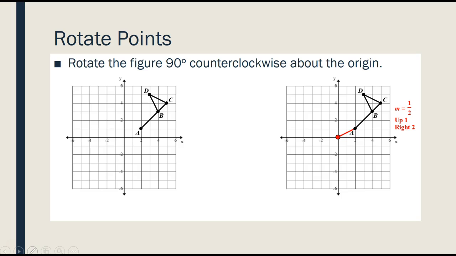As I consider my slope, I went up 1, right 2 from the origin to get to point A. That gives us a slope of 1/2. A perpendicular slope would be the opposite reciprocal, so we would need a line segment that has a slope of -2. And since we want to move it counterclockwise about the origin, we're really going to be looking for a point in that second quadrant only.